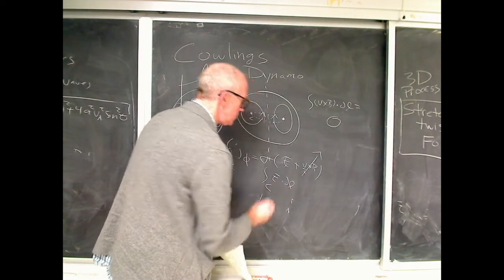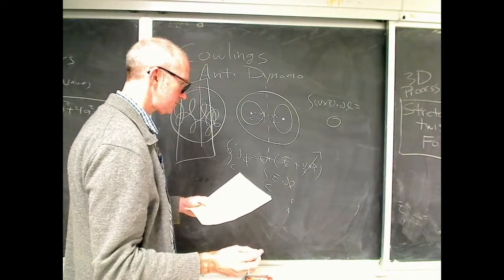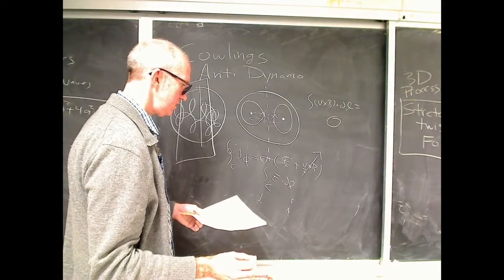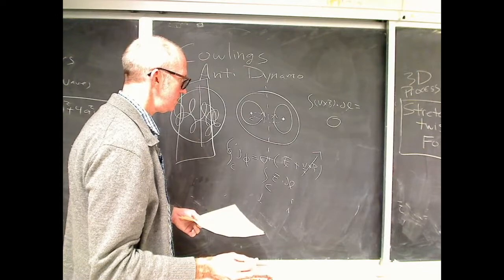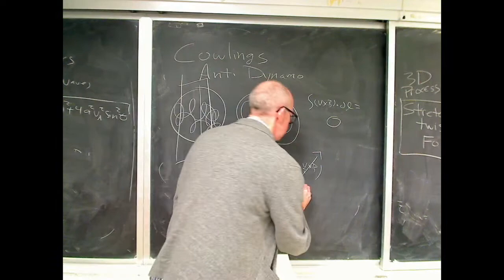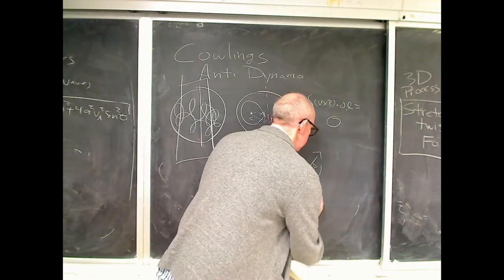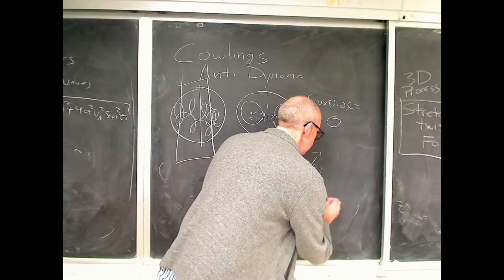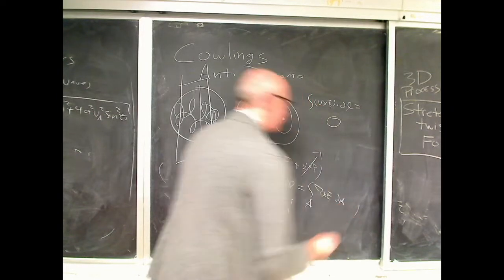So I'm left with the integral of the current being just the integral of E dot dl along this curve. The integral of E dot dl is equal to the integral over the area of curl E dot dA.